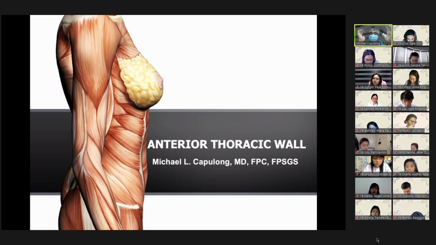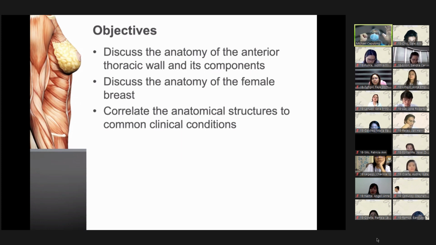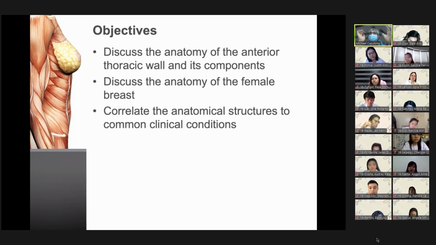Okay? So my objective for this morning is to discuss the anatomy of the anterior chest wall, particularly the anterior chest wall. Describe the structures that are seen here, and also discuss another very important organ that you see in the anterior thoracic wall, which is the breast, particularly that of the female breast.